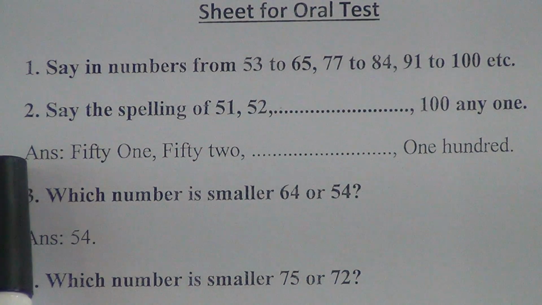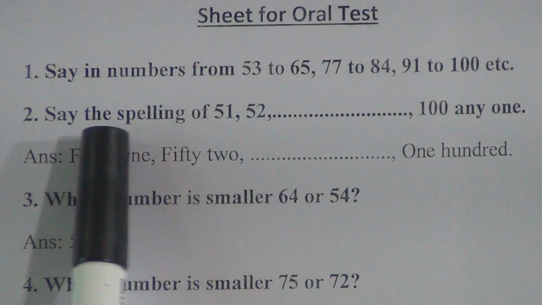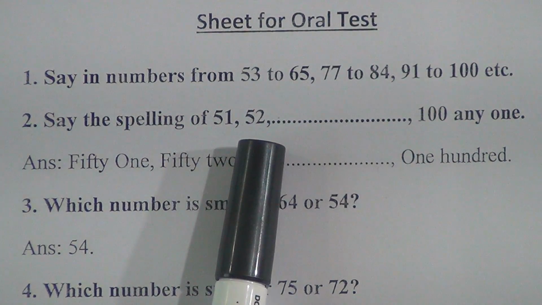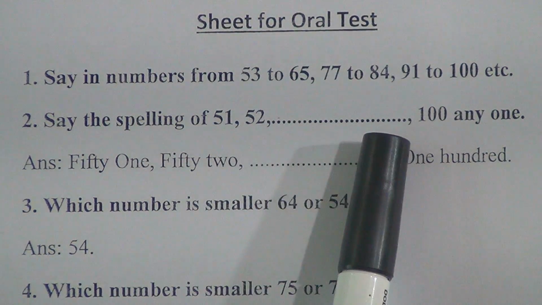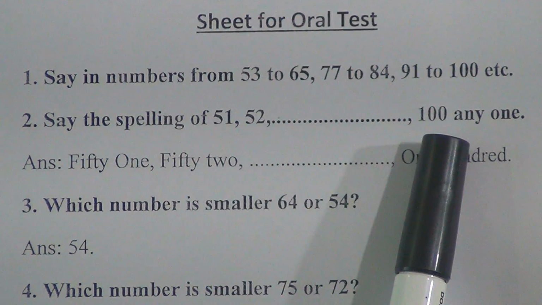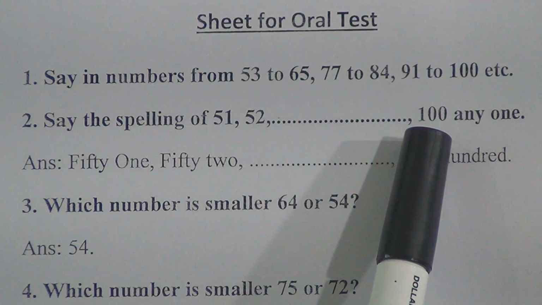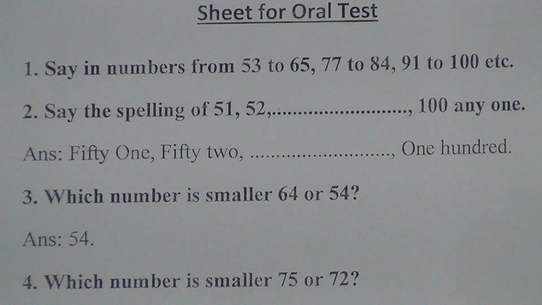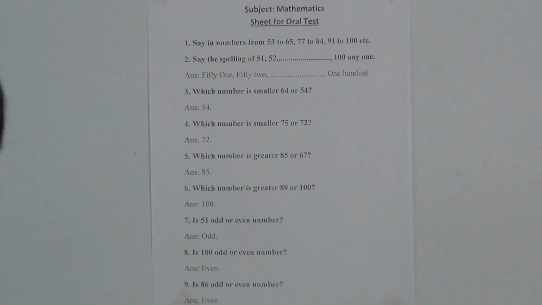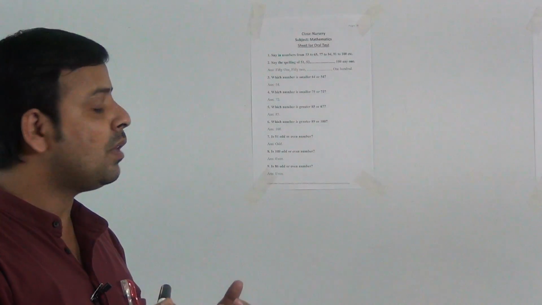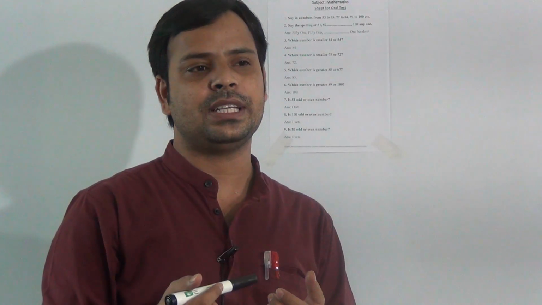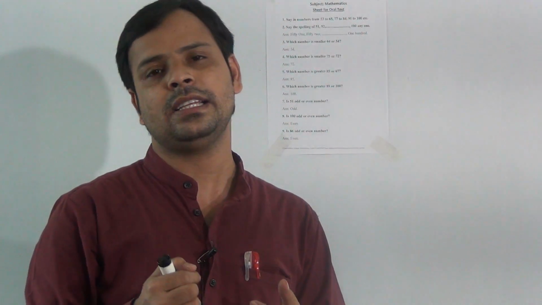It means that we have to say 91, 92, 93 in this way up to 100 we have to say. Okay, now question 2. Say the spelling of 51, 52. In this way we have to say the spelling of up to 100. Suppose I am asking you what is the spelling of 51, you have to say 51 in this way, F-I-F-T-Y, 51, O-N-E, 1.